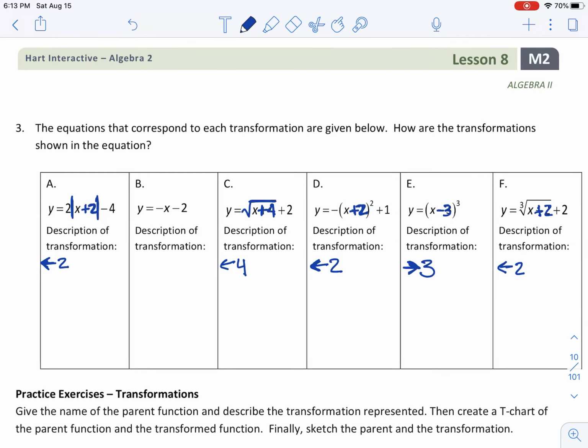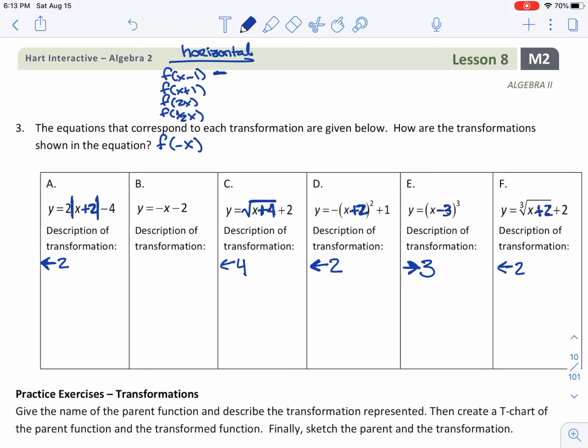So what I want you to do is, at the top of this page, go write those transformation rules down again. -1, f of x plus 1, 2 f of x, f of 2x, f of 1/2 x, and then f of -x.